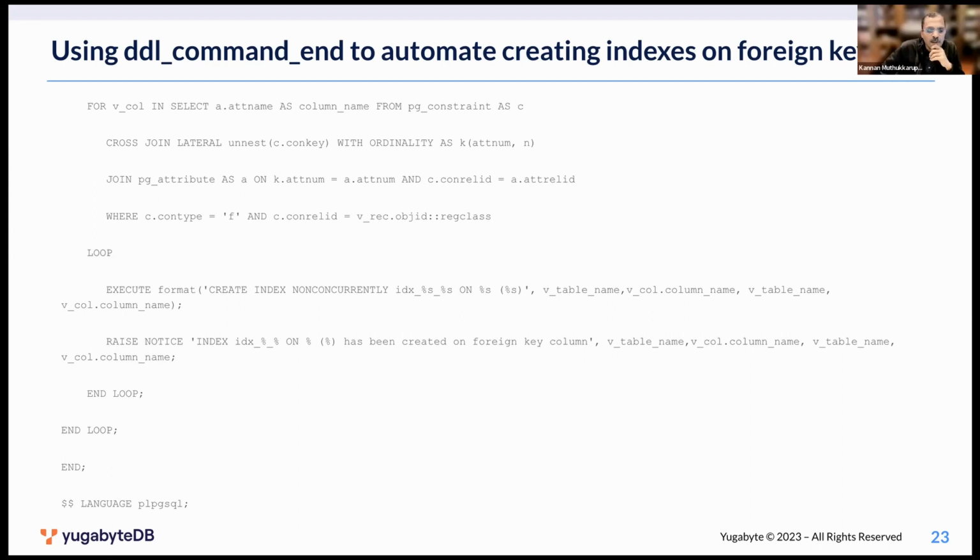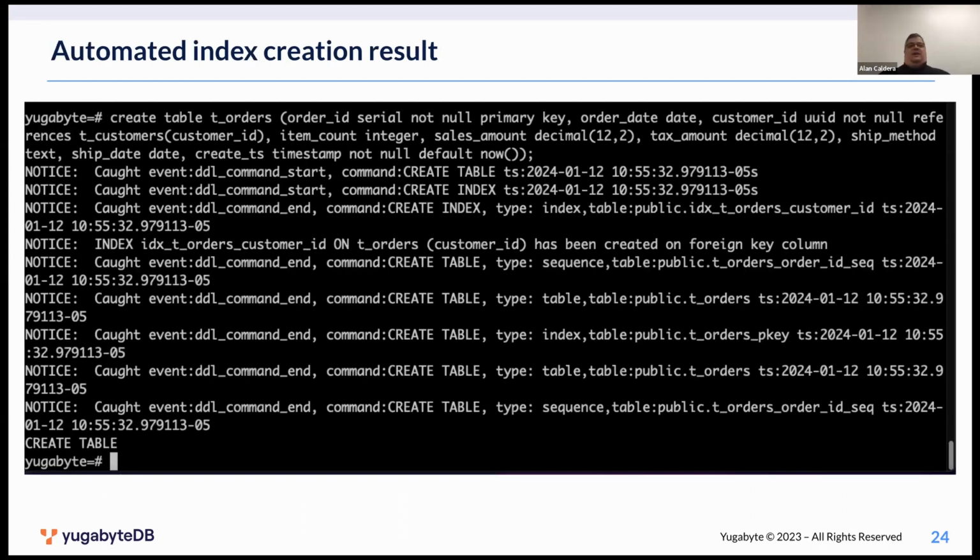Got it. And then I show an example here where I want to create table t_orders, and I've got a referred column to the customers table that I created earlier. And you can see that it actually goes ahead and creates the index on the foreign key column.